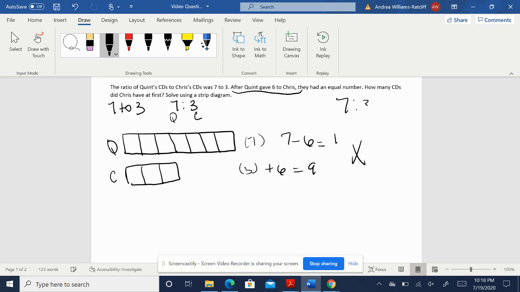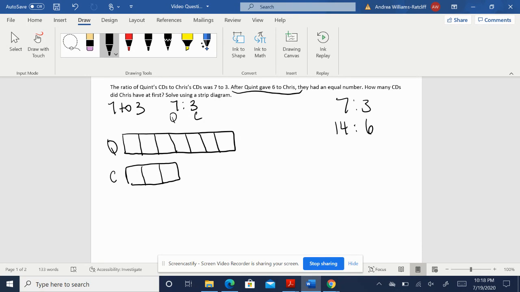We know their actual counts are counts that simplify to a ratio of 7 and 3. Okay, so what other counts could simplify to a ratio of 7 and 3? Could we also have 14 and 6? Would that be able to simplify to a ratio of 7 and 3?